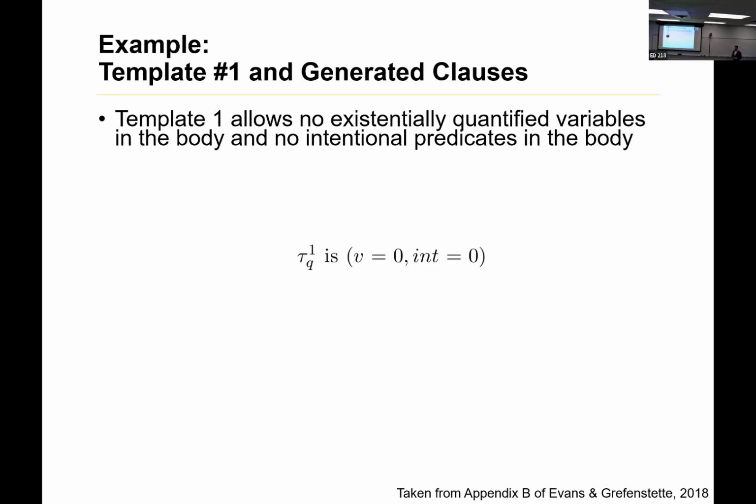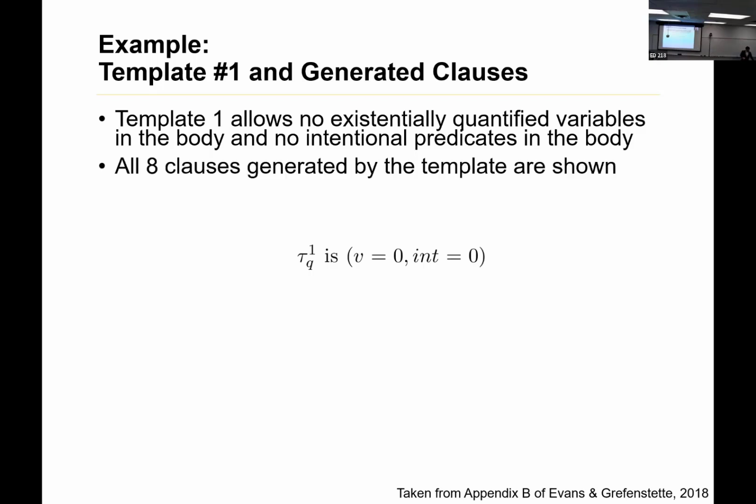In this paper, they limit it to only two templates, and they do that because the number of templates appears in an exponent in the complexity result that I'll show you later. So it gets really nasty really quick. We'll get into complexity a little later. Let's continue with the example.